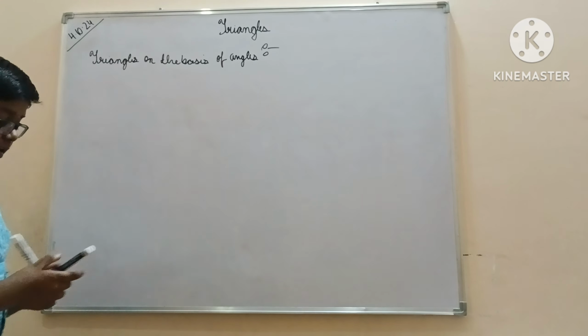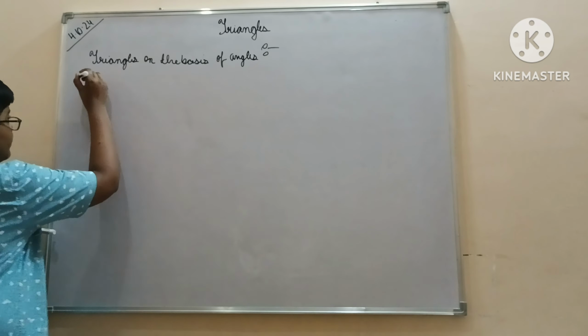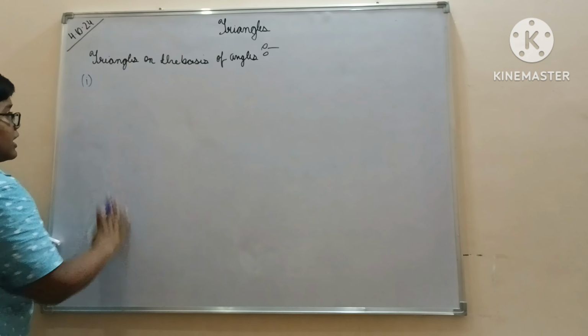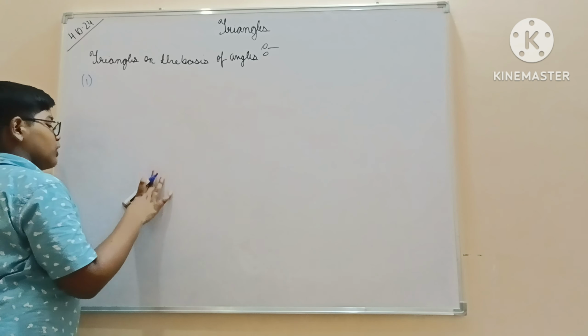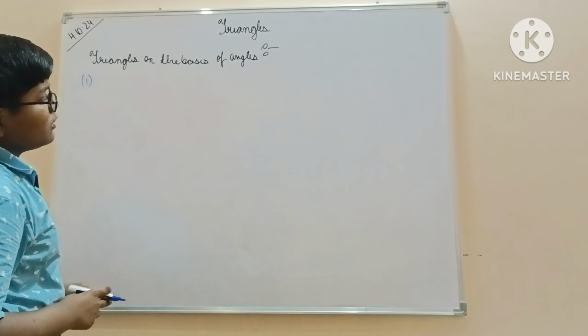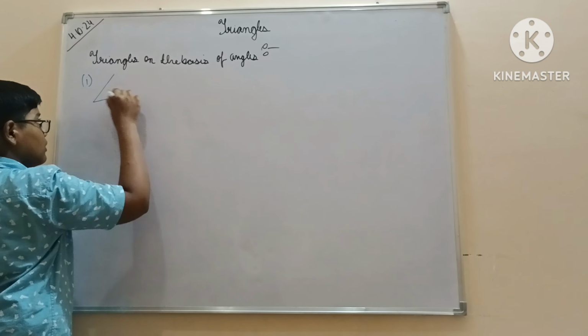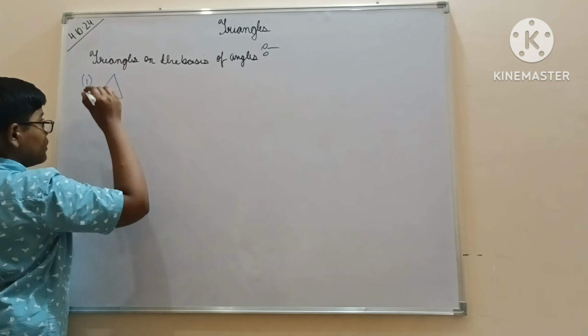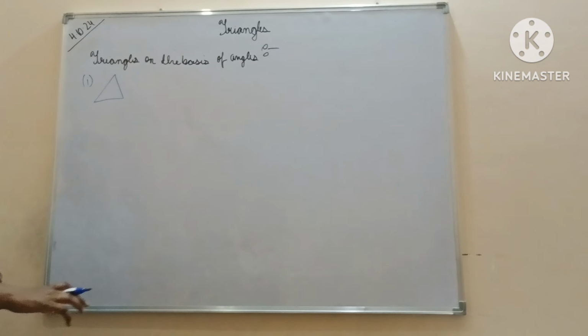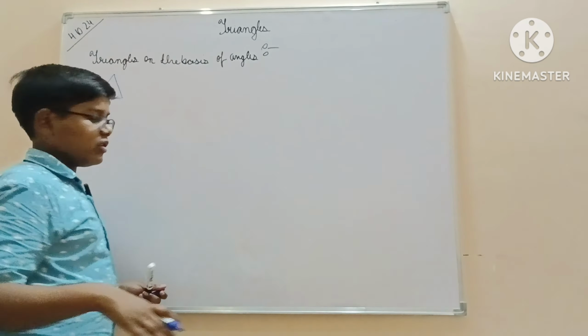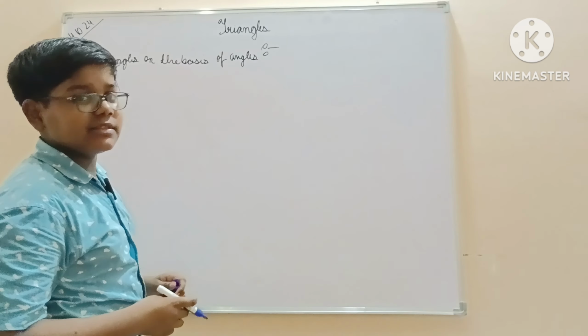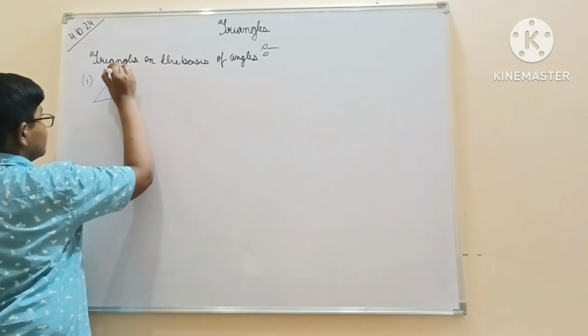Triangles on the basis of angles are of three types, which we will talk about. Our first is the acute triangle. An equilateral triangle is always an acute angle triangle.